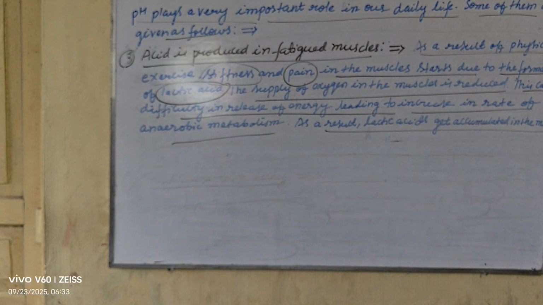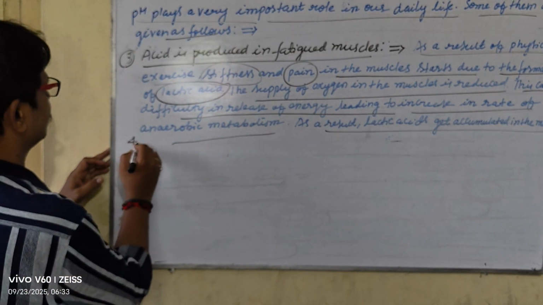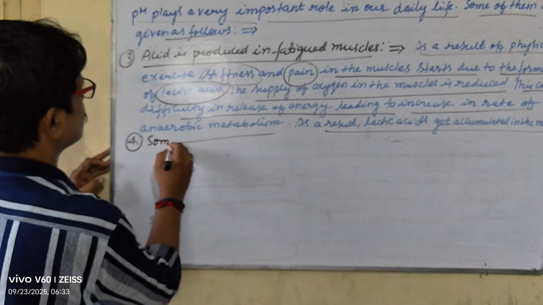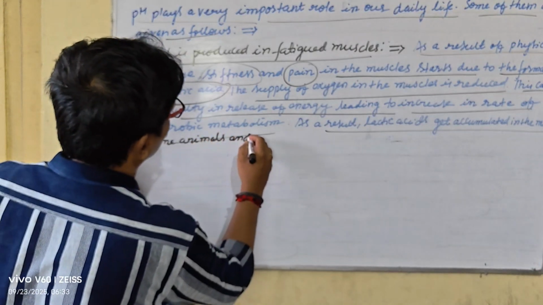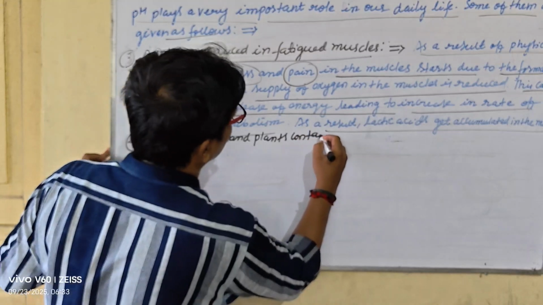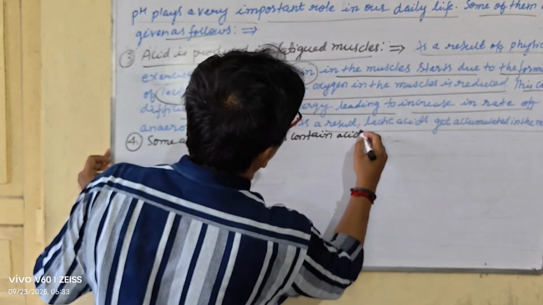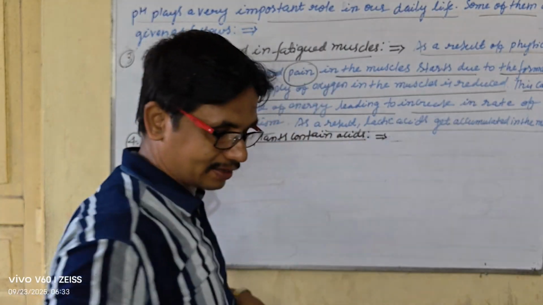Next one is that some animals and plants contain acids. Which plants and which animals contain acids?